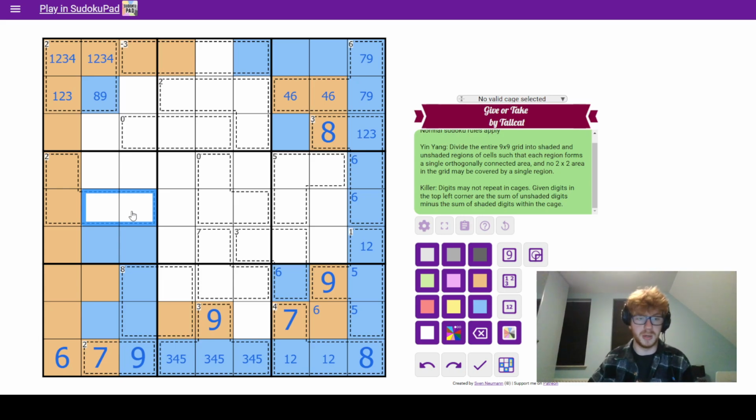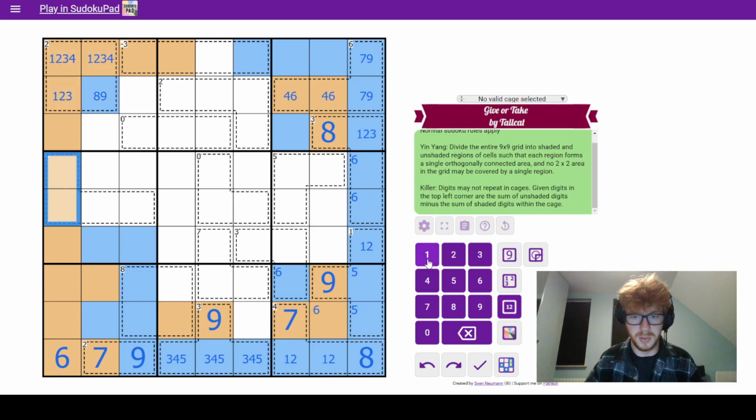But the point I was trying to make is these cannot be both blue, because if they are, it would create a 2x2, which is not allowed by the rules. So either of these is blue, which I don't know. But I do know, because of the logic we did here, that this is 1, 2, 3, or 4. And then the high one is either 8 or 9. It's either 8 or 9 there, or an 8 here, basically.